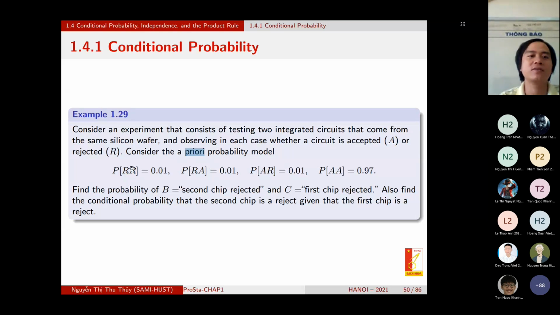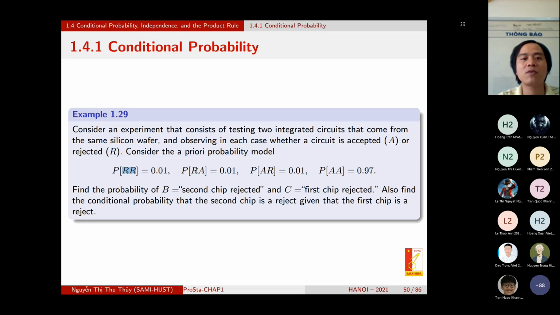We say that P(reject) is 0.01, or 1%. That means the probability that the two circuits are rejected is only 1%.